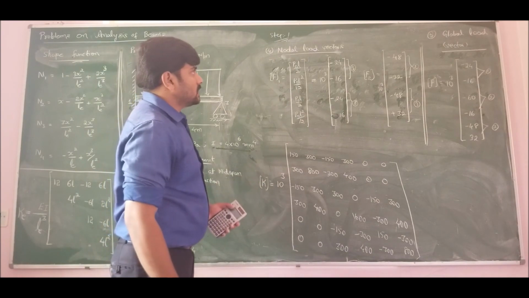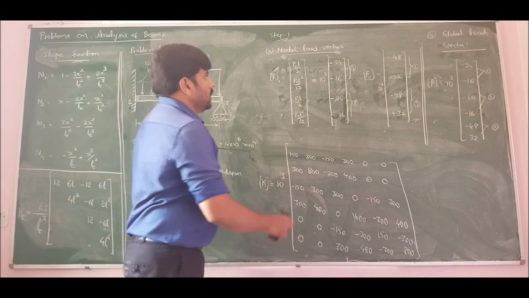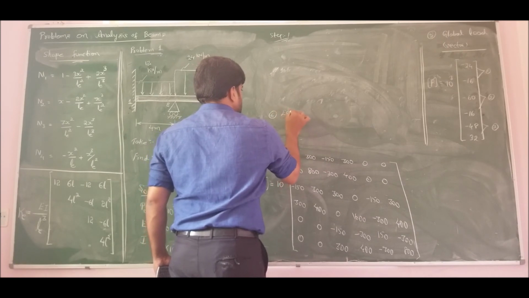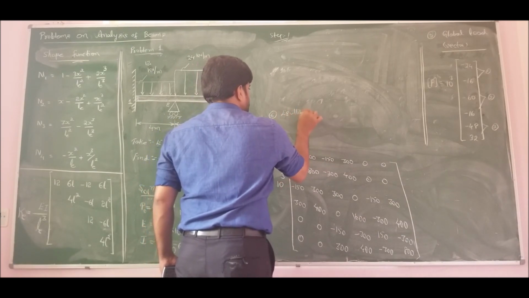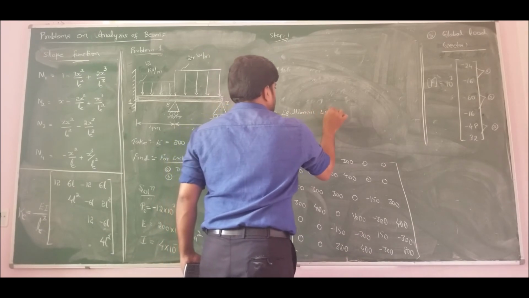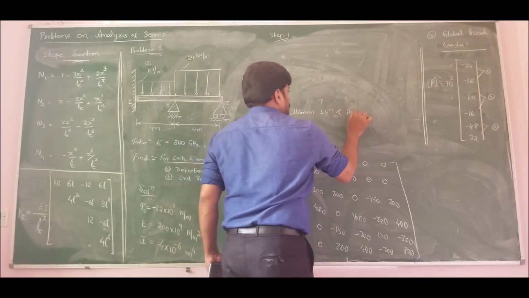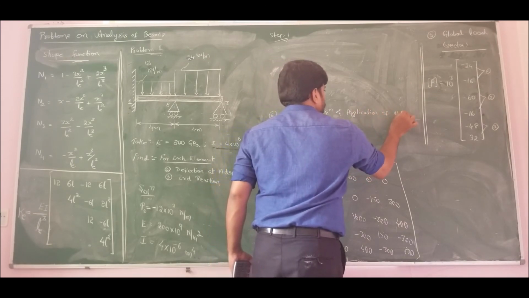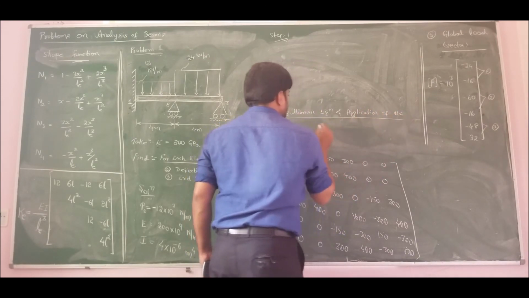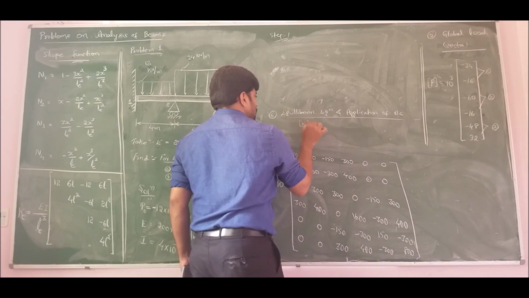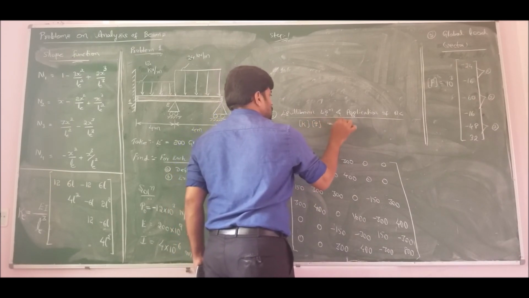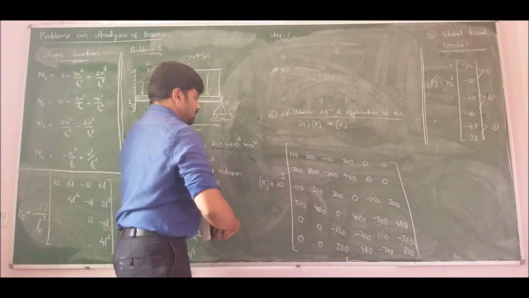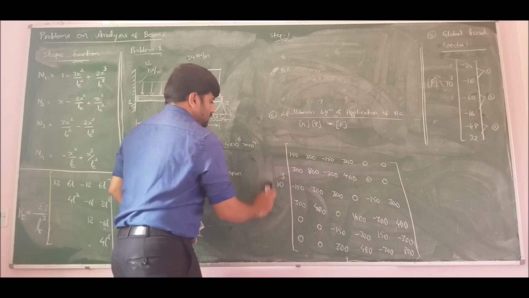Now moving on to the sixth step, that is the equilibrium equation and application of boundary condition. The equilibrium equation is K matrix into Q matrix is equal to F. Already I have the K matrix, so that is the reason I have not erased it.